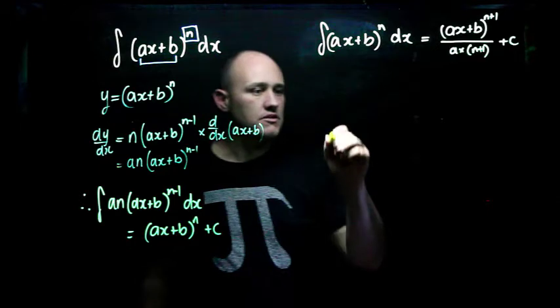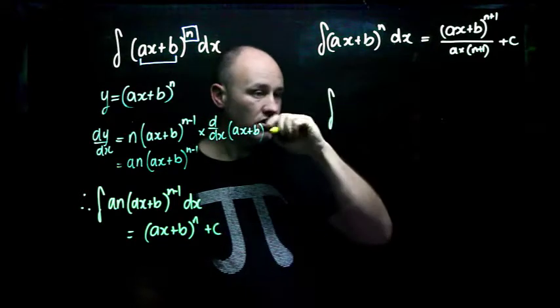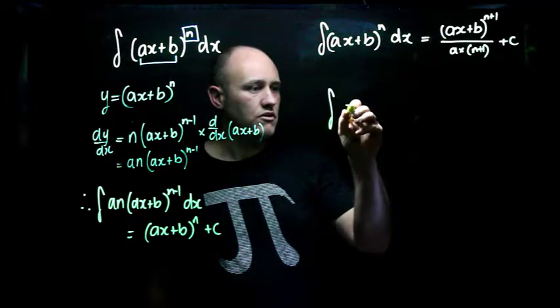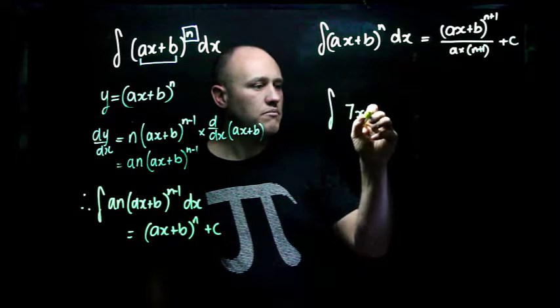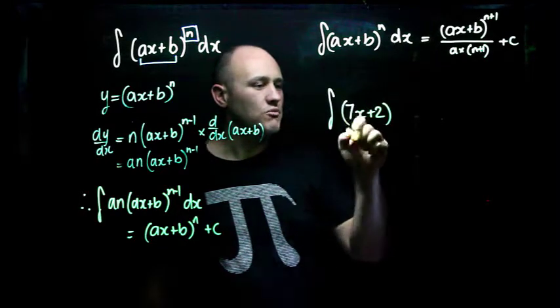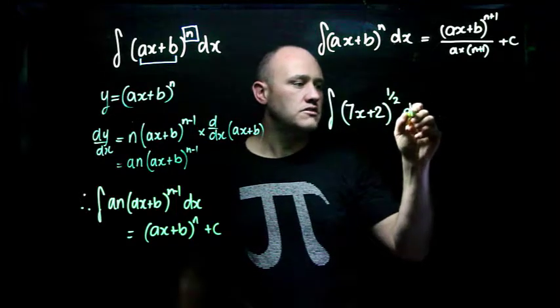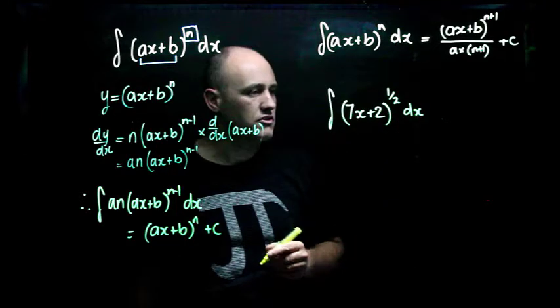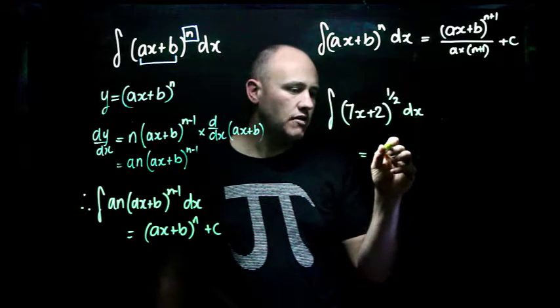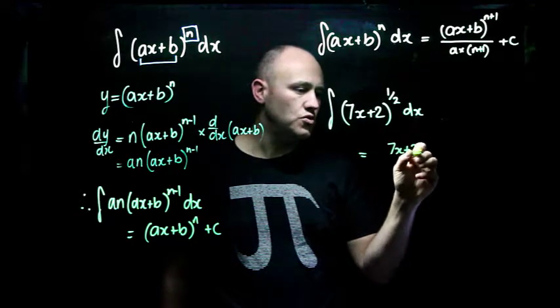Let's look at one simple example. The integral of 7x plus 2, that part's pretty simple, but let's say we make it to the power of a half dx. The rule still holds, there's no change. So to integrate this, I get my 7x plus 2.